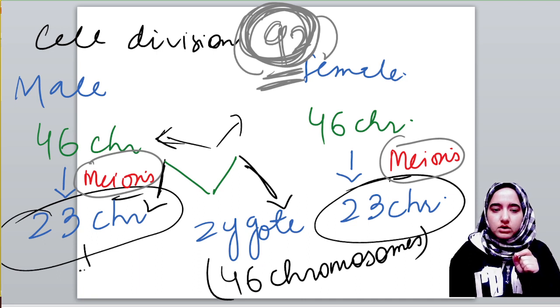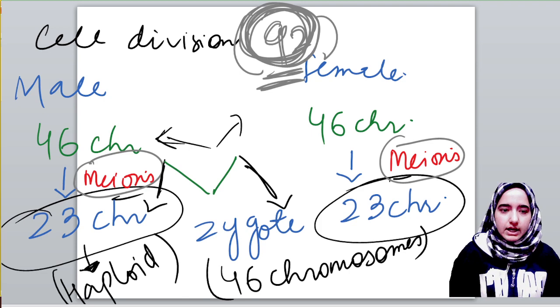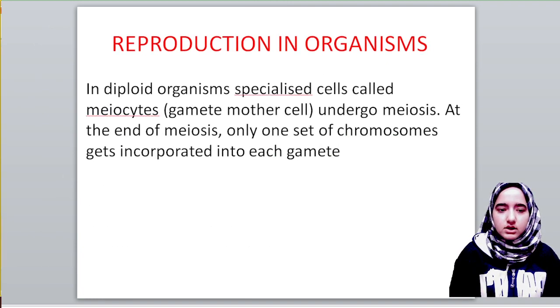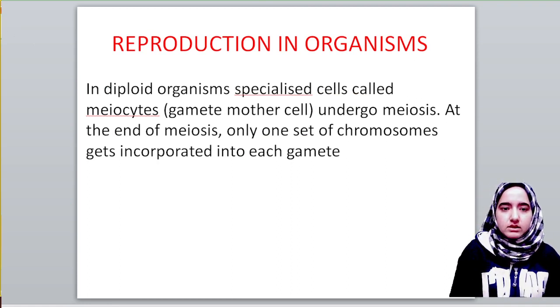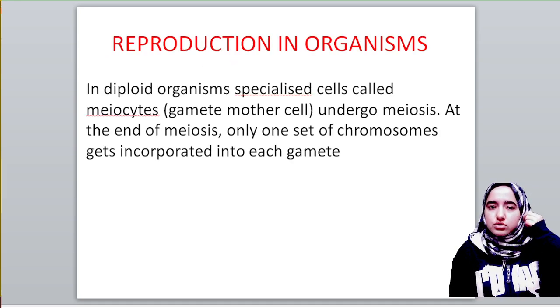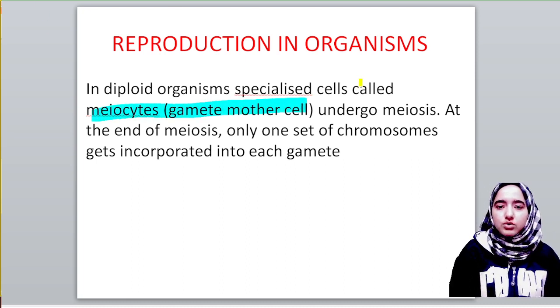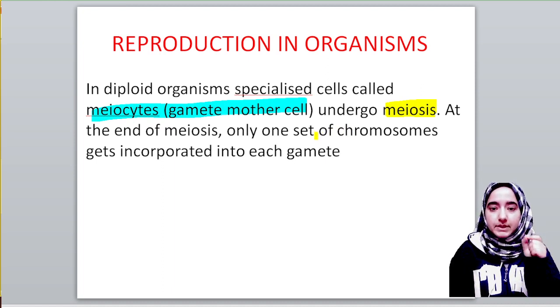And please remember, gamete cells are always haploid. That means they contain only one set of chromosomes, not a pair. I hope this concept is clear why meiosis takes place inside our body during gamete formation. Now in diploid organisms, as I already mentioned, human beings or any complex organisms, we have specialized cells known as meiocytes. Meiocytes are also known as gamete mother cells, which undergo meiosis.